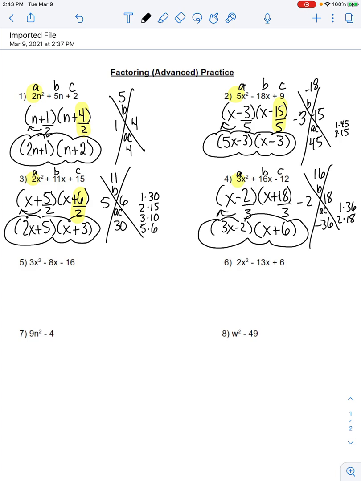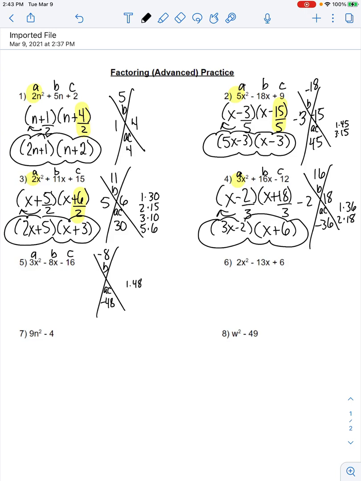Take a look at number 5. There's no greatest common factor, so I go straight to magic X has your back. A, B, C. My B is negative 8. A times C is negative 48. So now let's find our factors of 48.